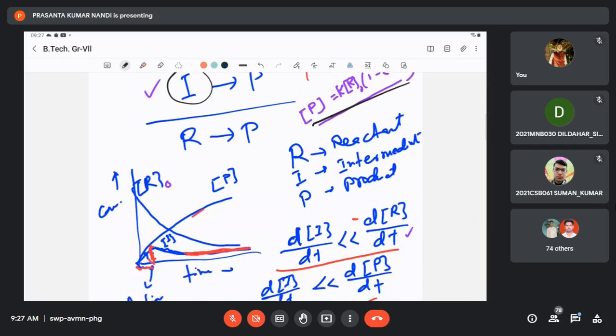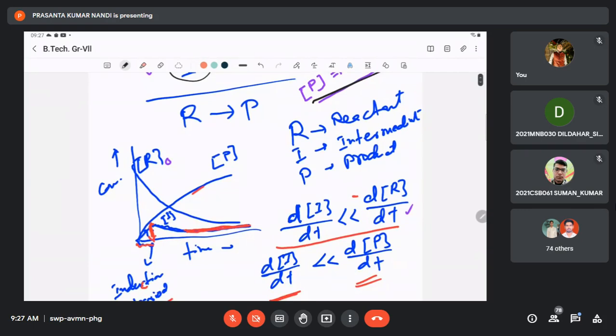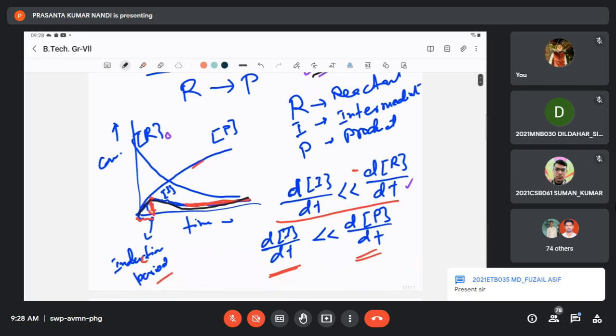Now, what is the fate of the intermediate species? We see that it increases, reaches a maximum, and then falls. So the concentration of the intermediate species increases at the very beginning, quickly attains its highest value, and then falls off. This period we call the induction period.